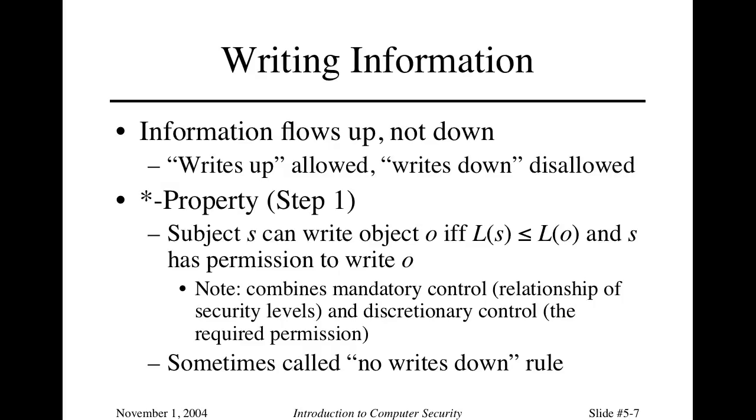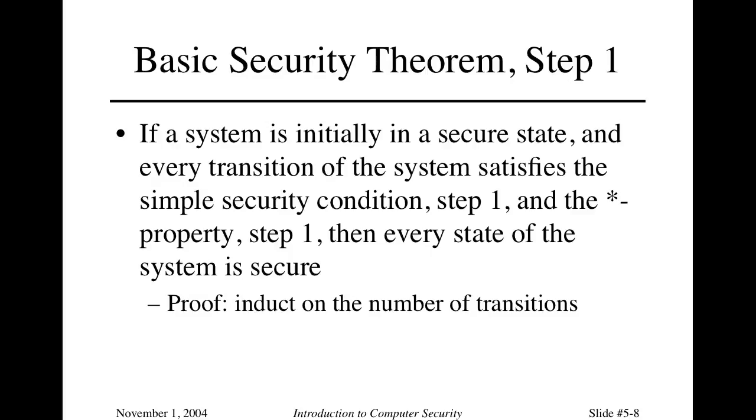So these two properties are combined together to be the basic rules of the Bell-LaPadula model. So there's the no writes down rule. To summarize the rules, we can say no reads up or no writes down.